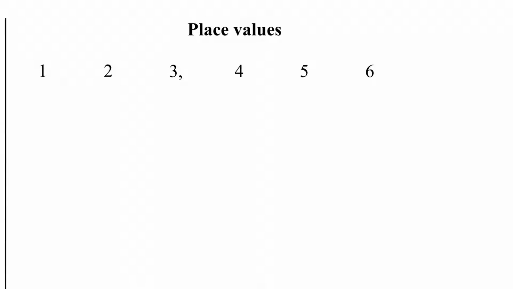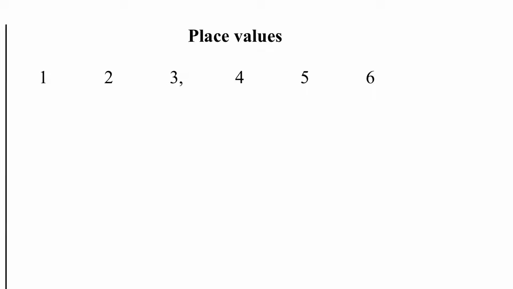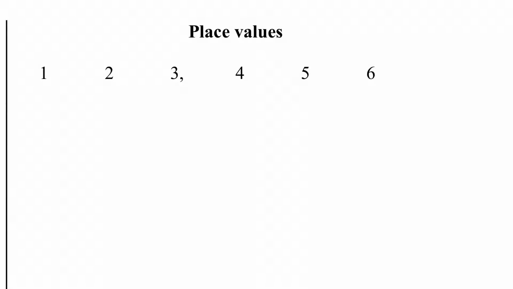Let's talk about place values now. So this comma here that you see represents separating every set of 3 digits, separated by a comma before the decimal point. And here we're saying the decimal point is over on the right. Anytime you don't see a decimal point, it's assumed to be all the way to the right.